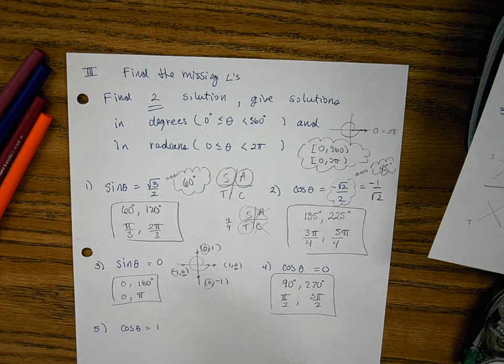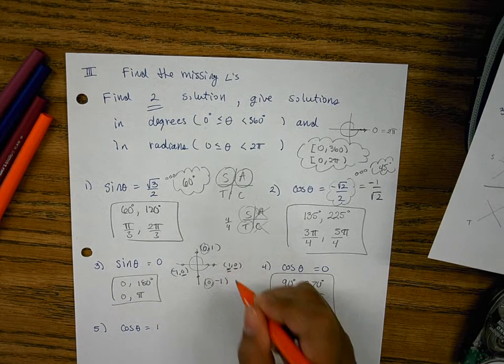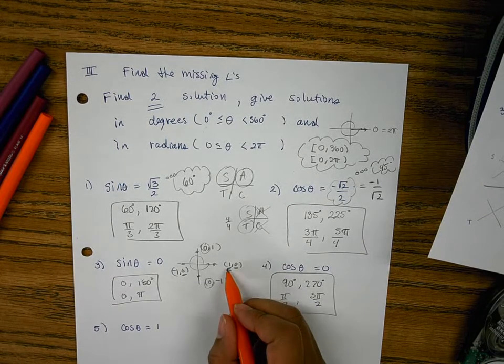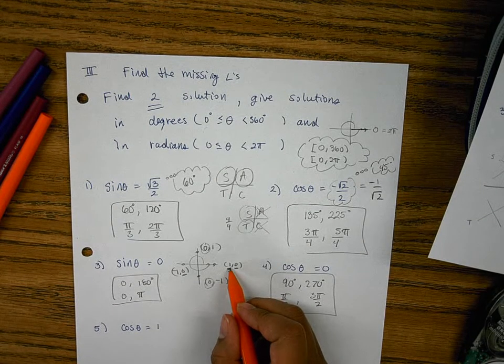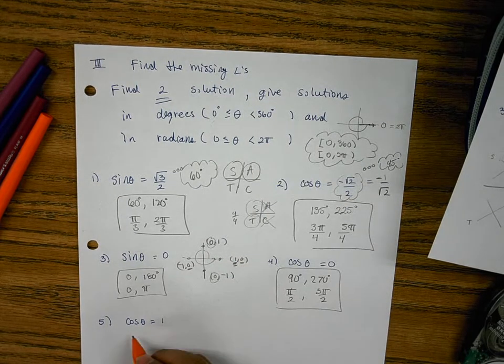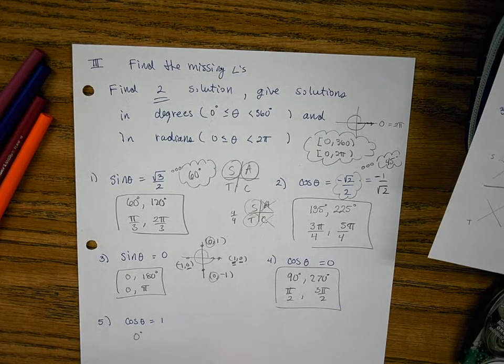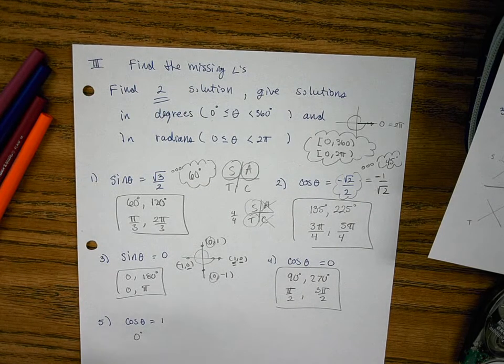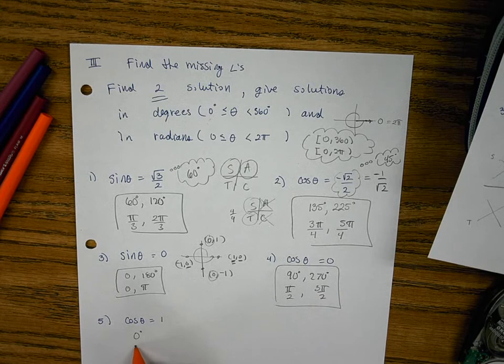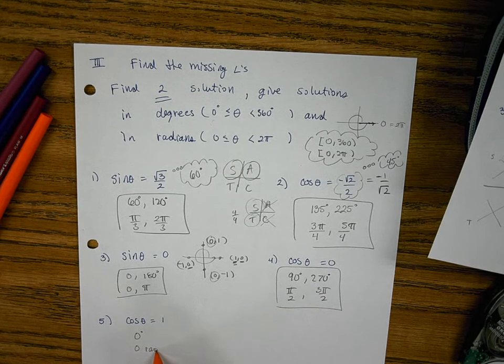How many places between 0 and 360 is your x value 1? That right there is the only place. There is only one place, so you only have one solution on this one. And would you call this 0 or 360? You would have to call it 0. You cannot call it 360. So 0 degrees is your only solution. Now, it had asked for it in degrees and radians, so we also have, as our other solution, 0 radians.